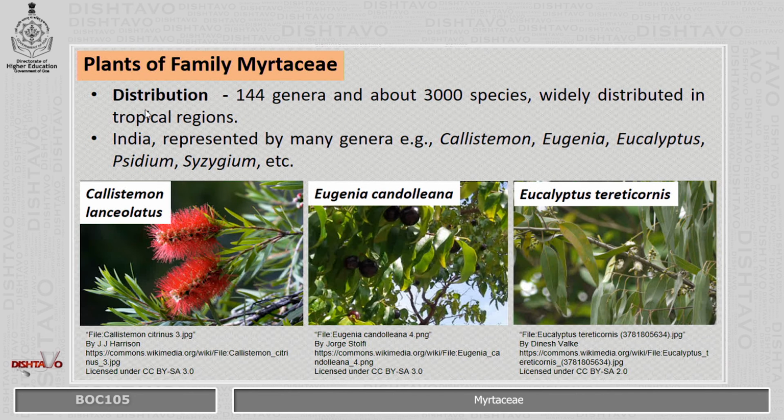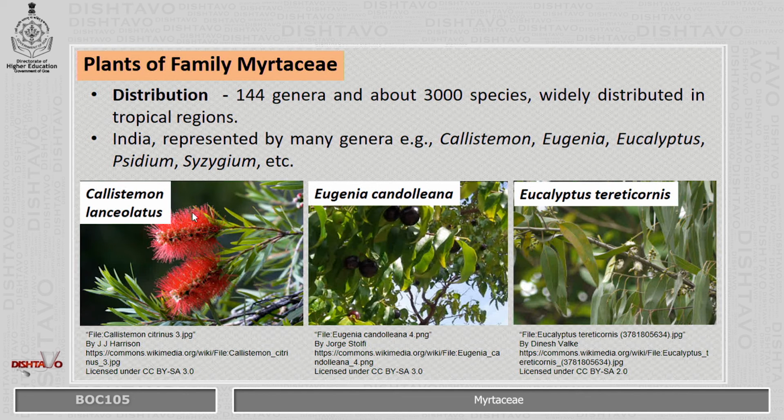Plants of family Myrtaceae. Distribution: 144 genera and about 3000 species. They are widely distributed in the tropical regions. In India, it is represented by many genera, for example Callistemon, Eugenia, Eucalyptus, Psidium and Syzygium. This plant is Callistemon lanceolatus.